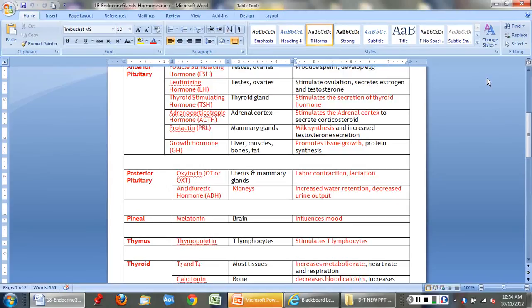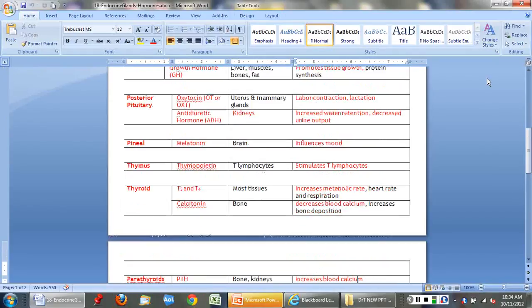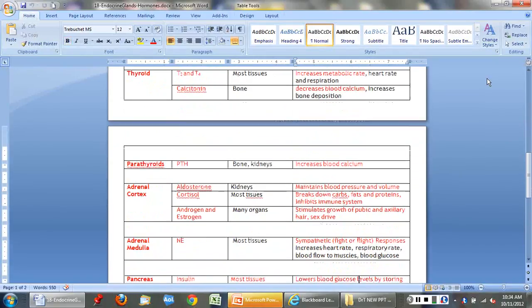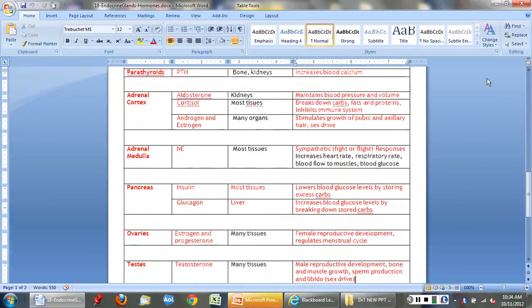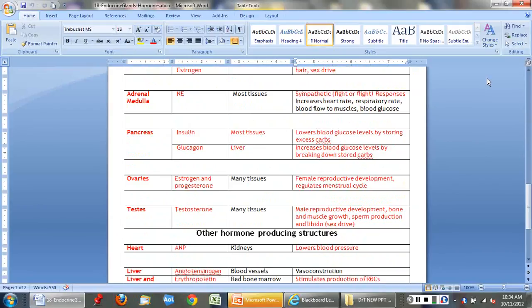And so, uretic. While I'm here, in the future you're going to see other things with uretic on the end of it. If uretic is on the end of it, that means it's getting rid of whatever that is. One of those is down here. Find the heart. ANP.